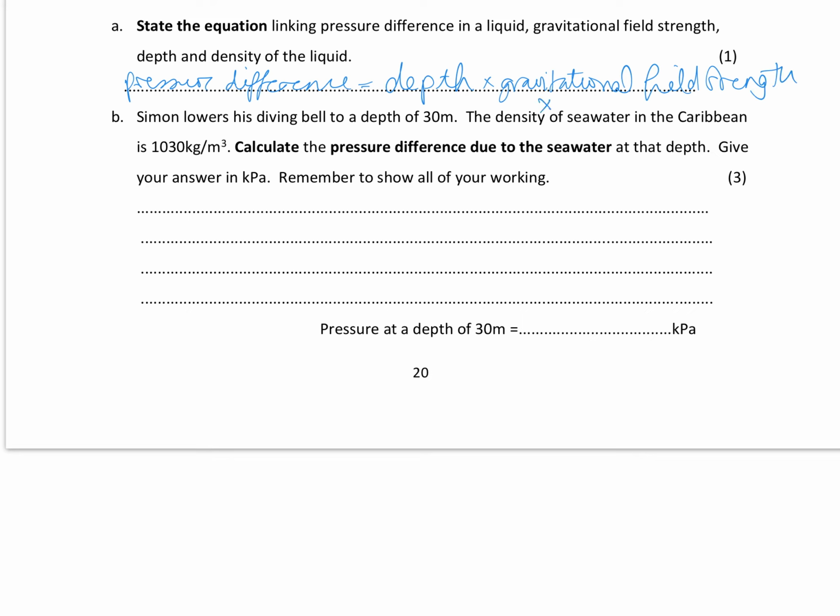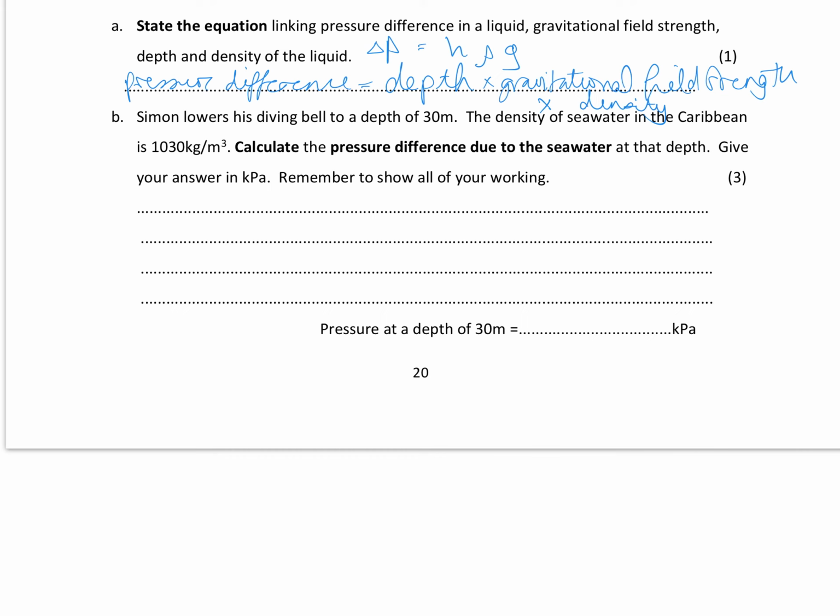Depth times gravitational field strength, h, rho times density of the seawater. Okay, if you put pressure difference, or even without the triangle, equals h rho g, then that would have been absolutely fine. So the idea of that is to get you thinking about the next question.